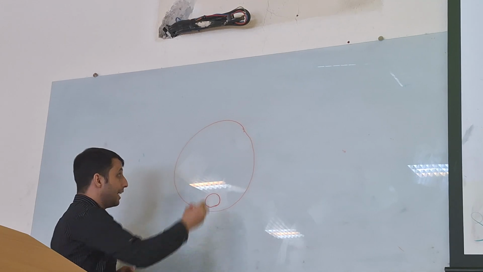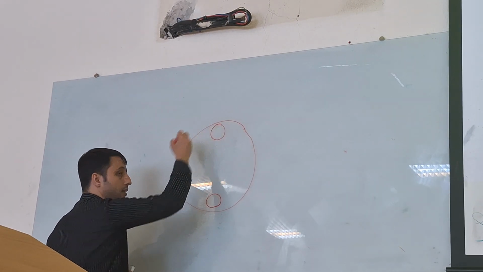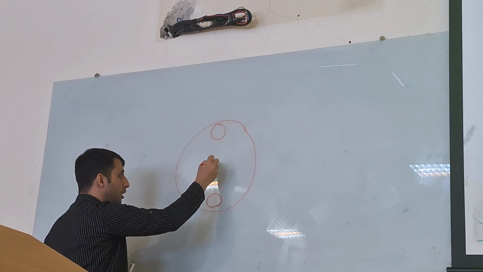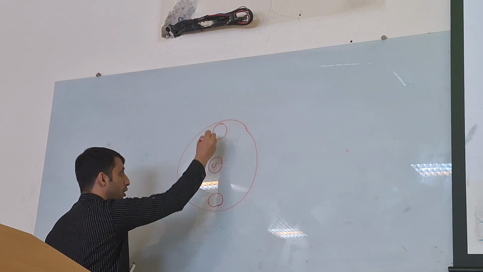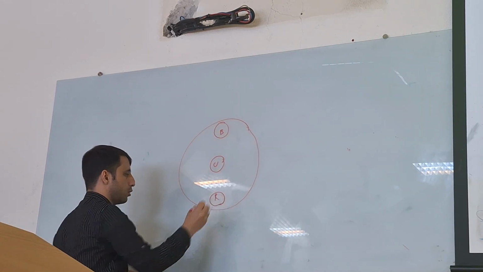Rectum. Anteriorly, bladder. In the midline, yes, uterus, bladder, rectum.